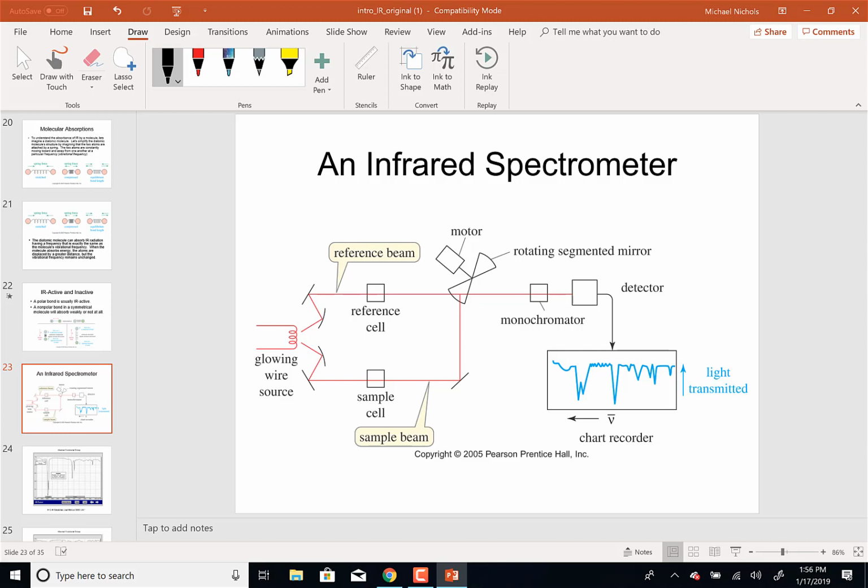So what we do is we come up with a plot. So that plot in blue, it's upside down. And it goes from about 4,000 wave numbers on the left down to about 400 on the right. And so that's what we plot. So when we see an upside down peak, that tells us, hey, this functional group is in that molecule.